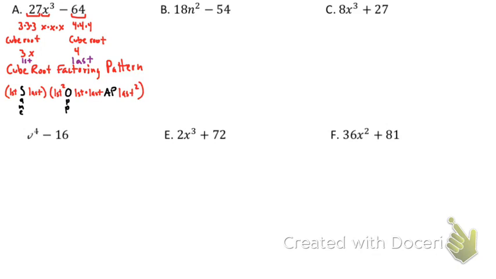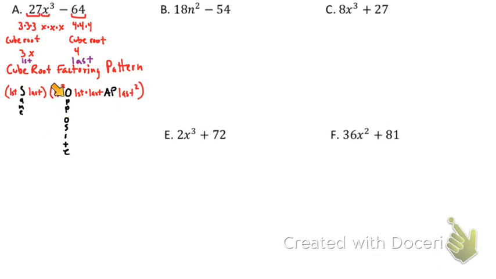Let me make some room here. So I'm going to erase example D real quick. So O stands for opposite. If your first sign is positive, this sign will be negative. If your first sign is negative, your second sign should be positive.